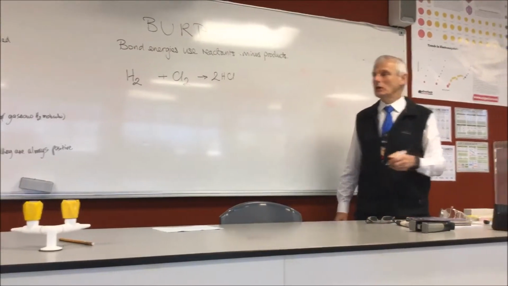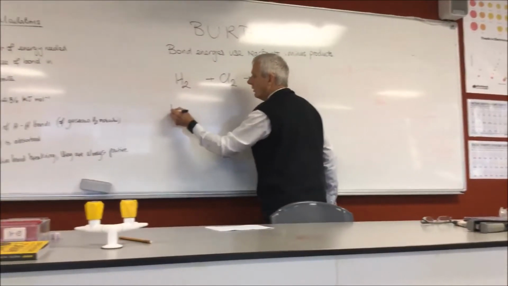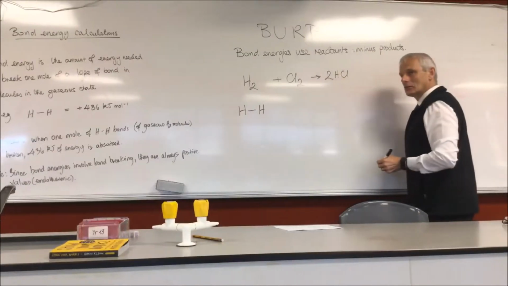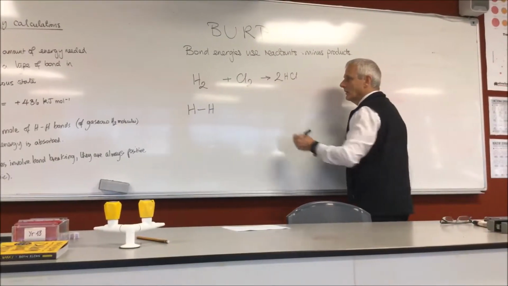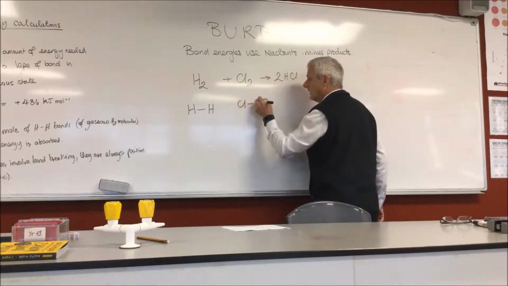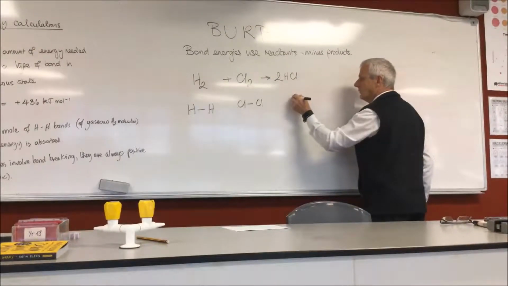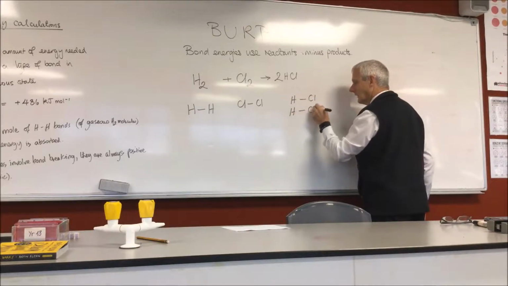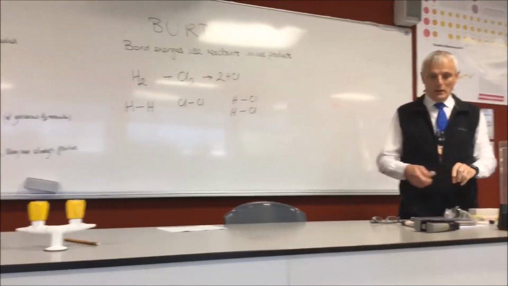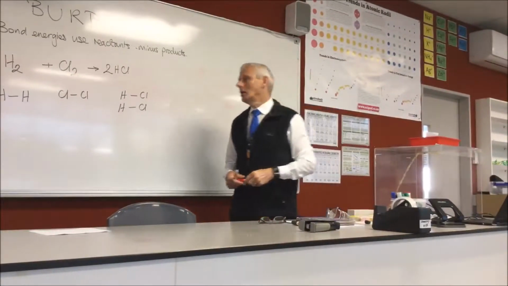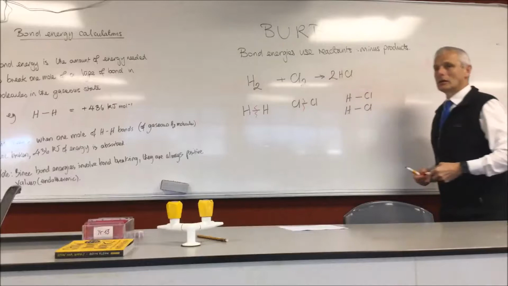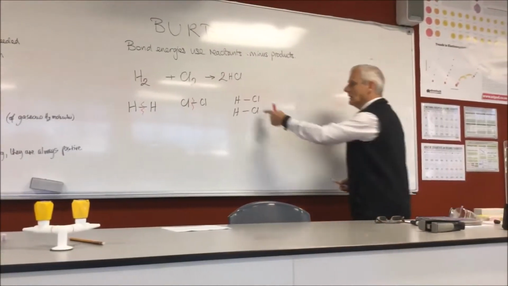We call them structural diagrams. So if we draw these out, what we've got is H-H, Cl-Cl, and then we get 2 HCls. Yeah? And what we're going to do is break these, and then we're going to make those.